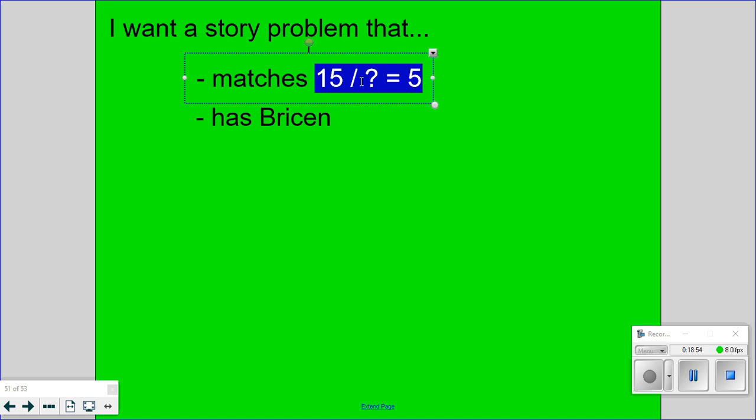All right, before we do that, read this equation to me in English so we can make sure that our story will match. What does this equation mean in English? I see a lot more hands than 4. We're not writing yet. Translate that equation to me in English. What is it talking about?